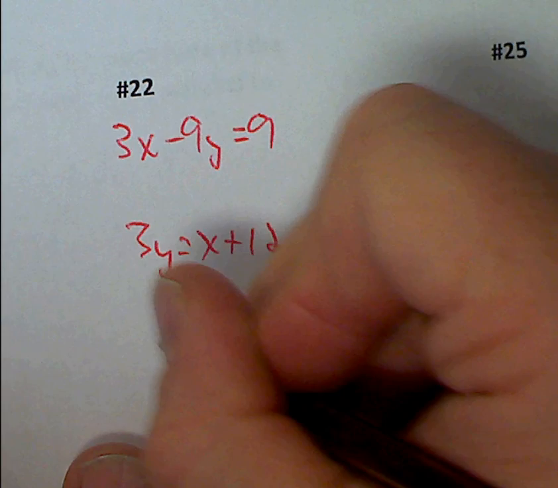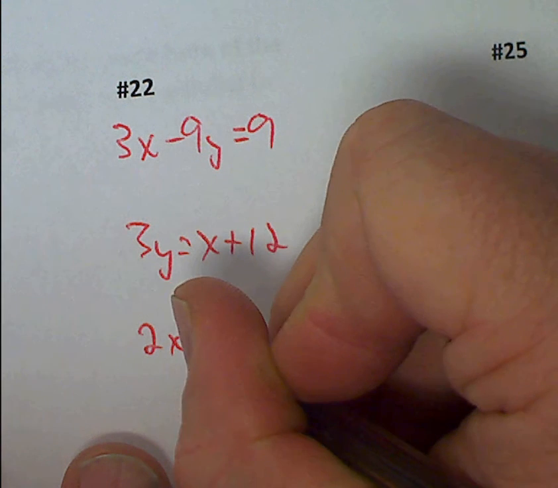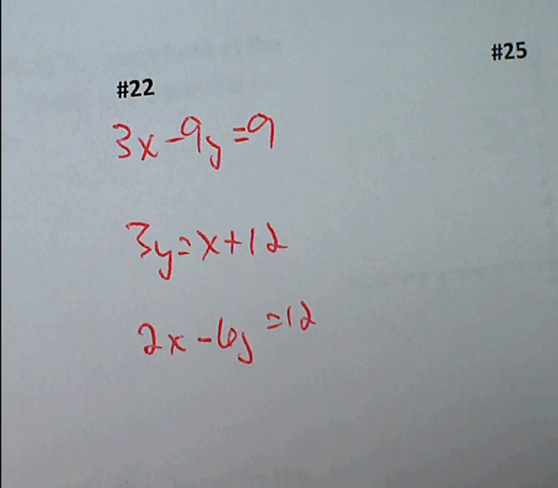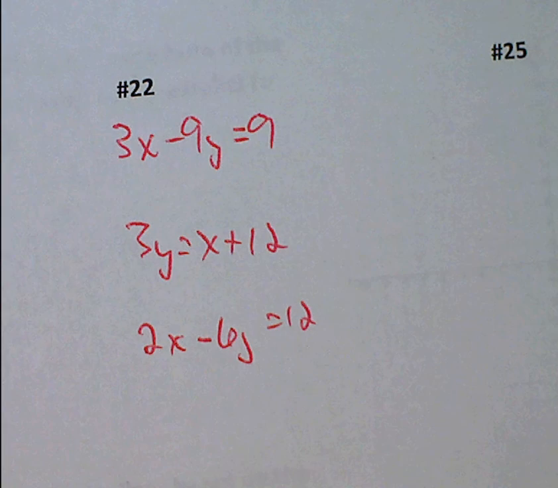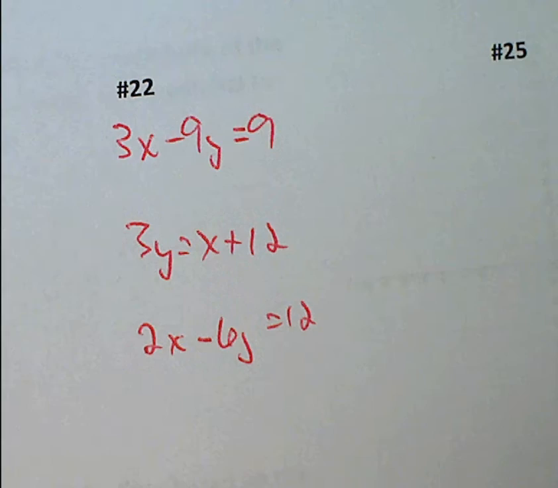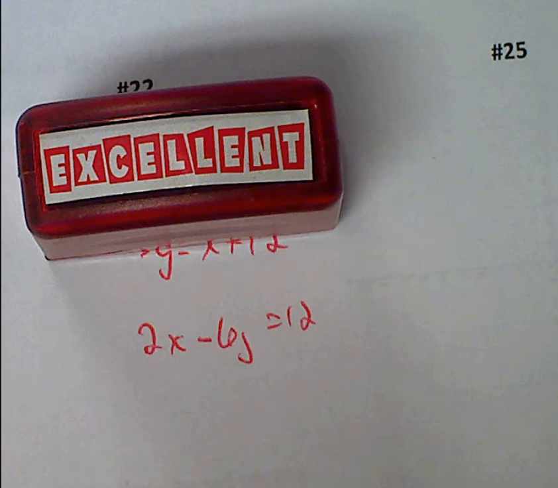And then I also have 2x minus 6y equals 12. I need to figure out whether these are parallel or perpendicular. The only way I can compare these is if I have all of them in y equals mx plus b. Go ahead and change all of those into y equals mx plus b.